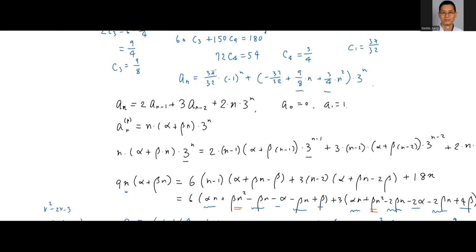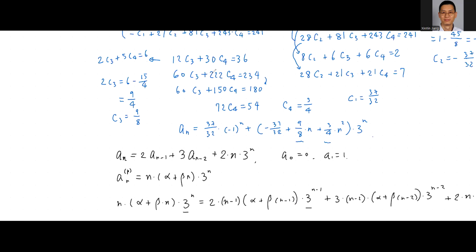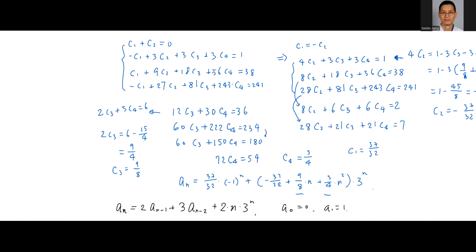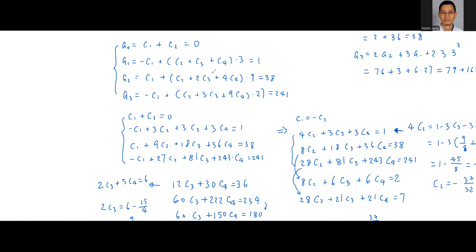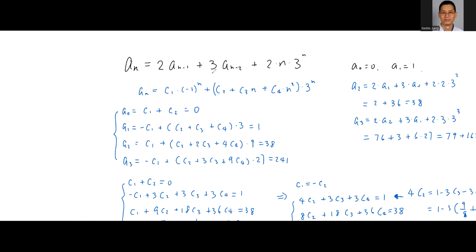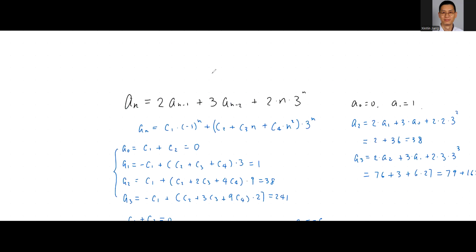So to wrap up, the first method is theoretically pretty clear. You just write down the characteristic equation for the whole non-homogeneous recurrence relation, as long as the non-homogeneous part has the form of p of n, which is a polynomial, times b to the n, where b is a constant.